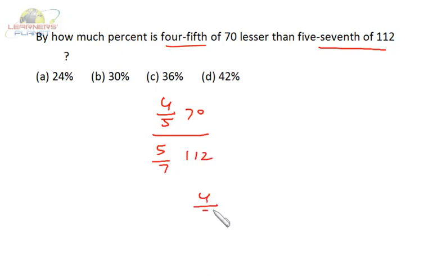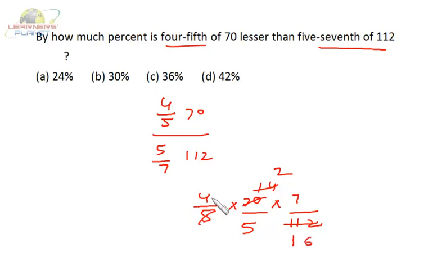It's actually 4 by 5 into 70 by 5 into 7 by 112. Now let's calculate it. 14, 7, 2s, 7, 16, 4 2s are 8, 2s are 16. So it is 7 by 10. That means the numerator is 7 parts out of 10 parts. That means it is 30% less.